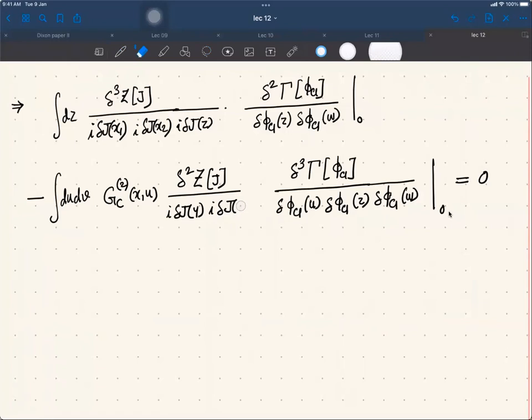This z will be v. Okay, so I have written the same equation.